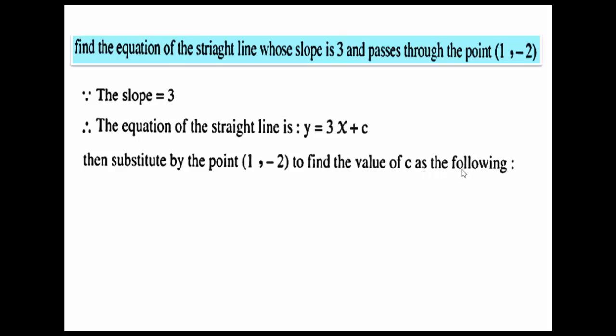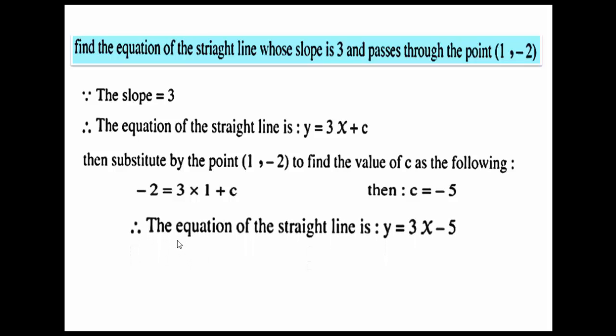Substituting y by -2 and x by 1: -2 equals 3 times 1 plus c. Then c equals -5. Therefore the equation of the straight line is y equals 3x minus 5.